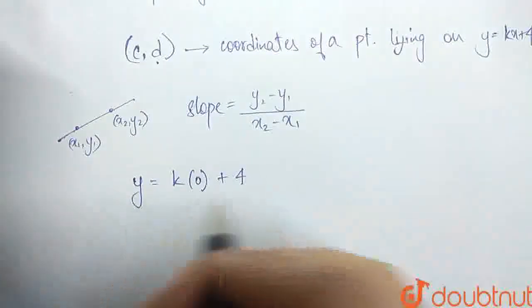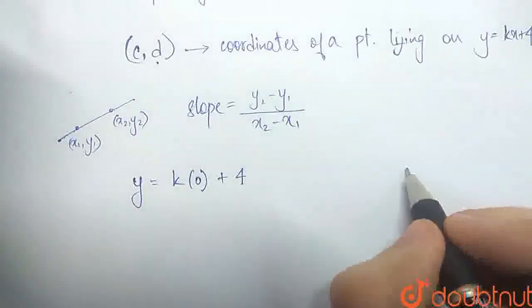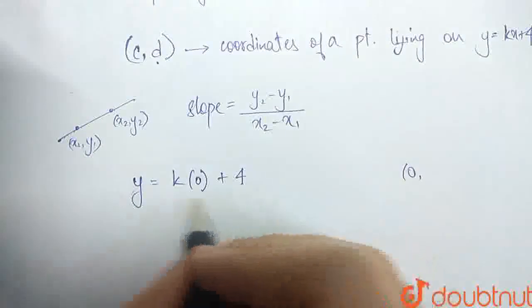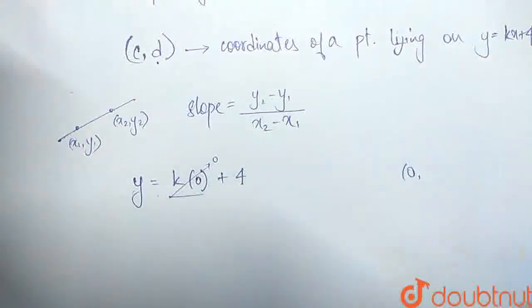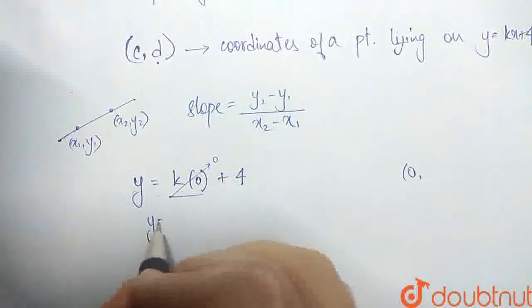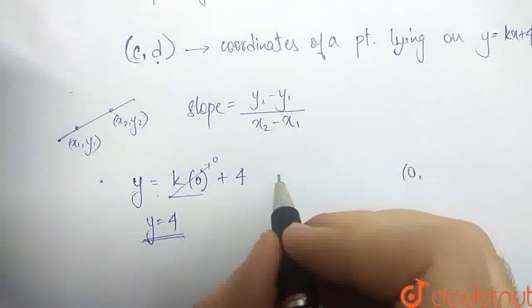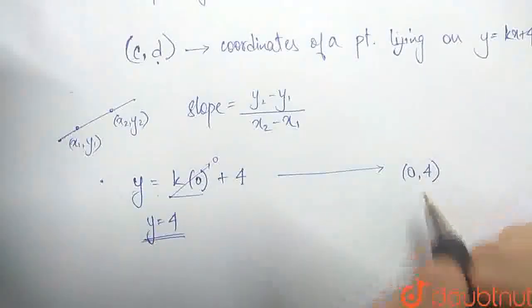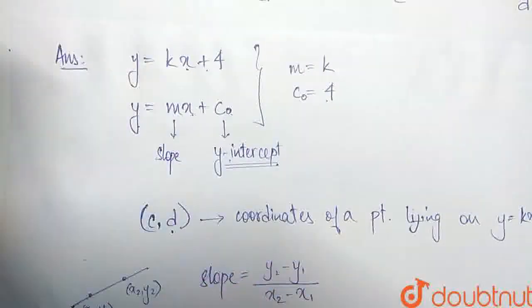This is also a point lying on the straight line and its coordinates would be 0 comma whatever this value of y comes out to be. Here this term becomes 0 and we're left with y equals 4. So this coordinate is 0 comma 4, another point that lies on the straight line y equals kx plus 4.